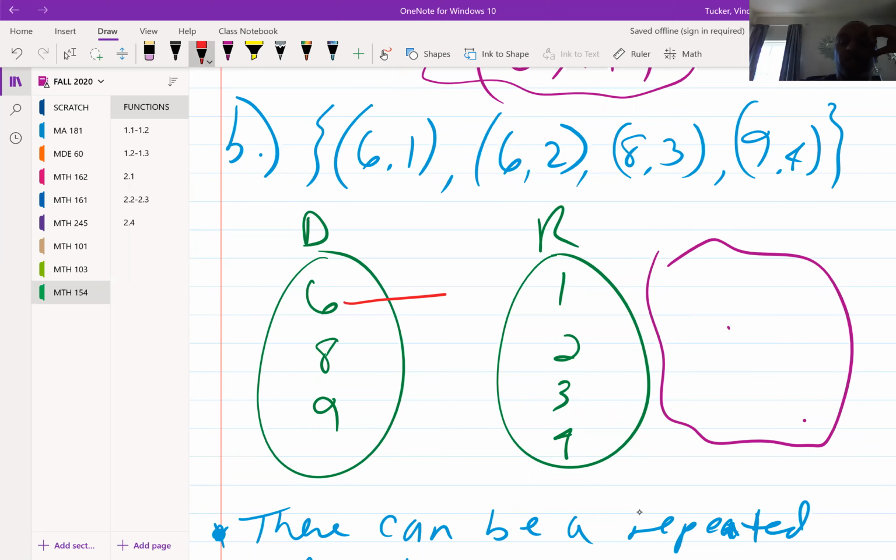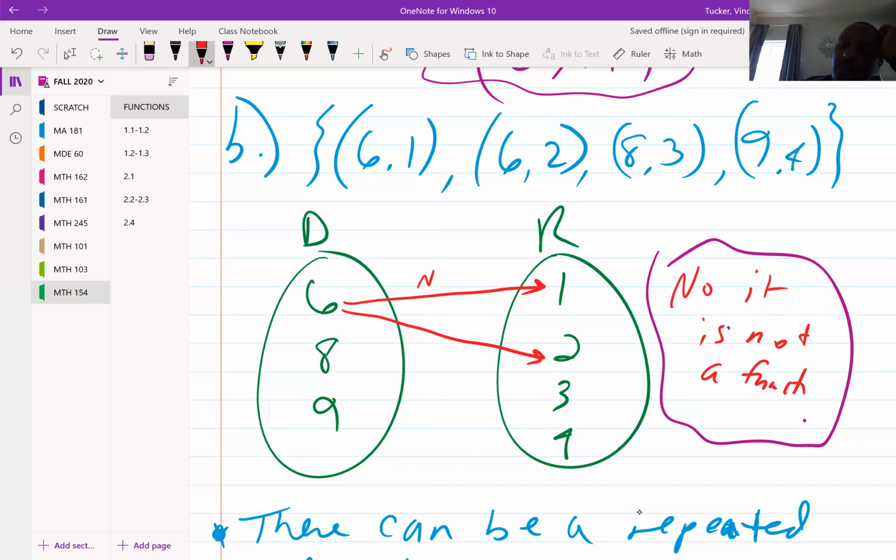So 6 goes to 1, and then 6 goes to 2. So I don't have to evaluate the rest of them. 6 going to more than one value is a problem. So no, it is not a function. You can't have elements in your domain going to more than one value.